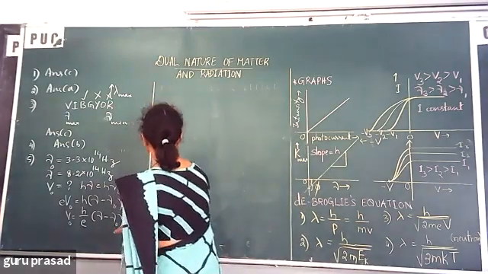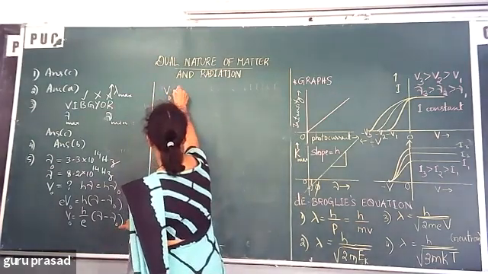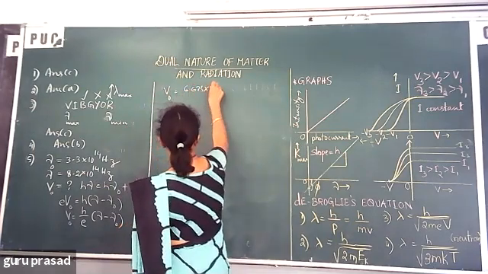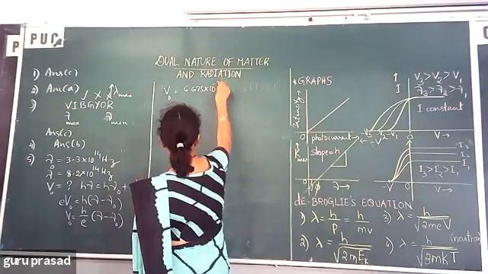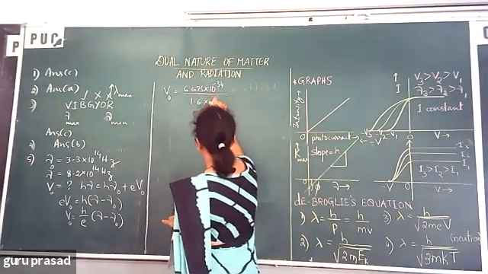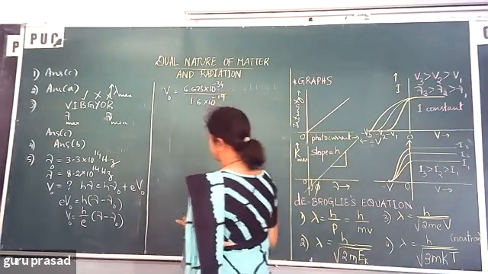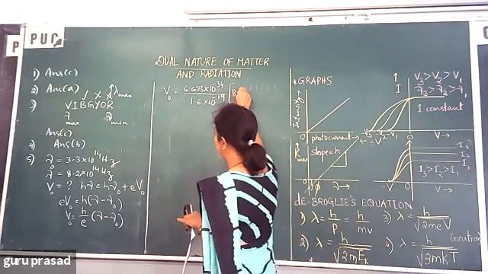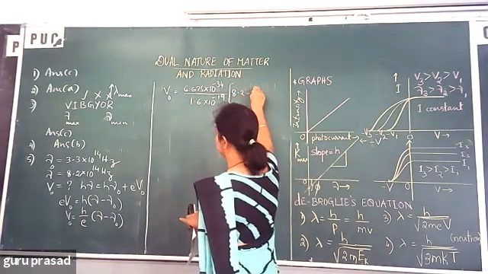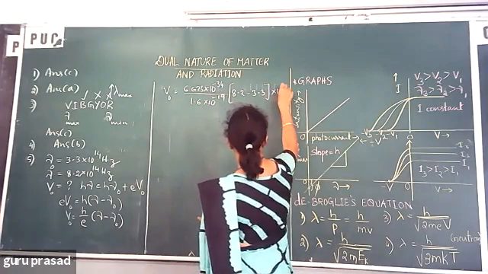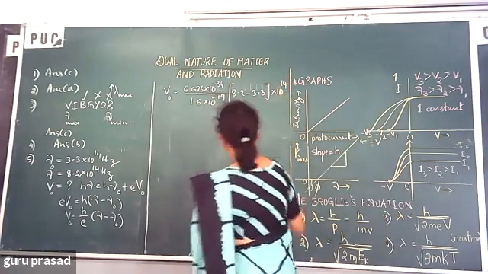V naught is equal to H, which is 6.625 into 10 power minus 34, by E, which is 1.6 into 10 power minus 19, into 8.2 minus 3.3 into 10 power 14. That's common, 10 power 14.